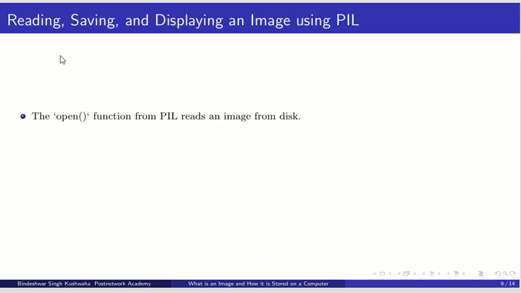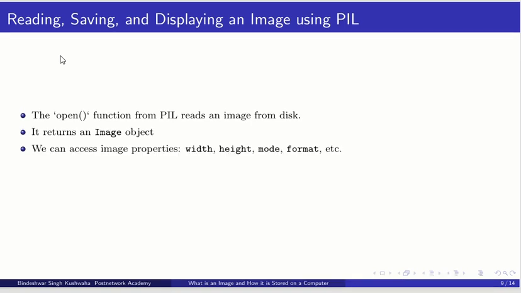Now let us see how we can open and display an image from the disk using the PIL library. We will use the open function from PIL and it returns an image object.